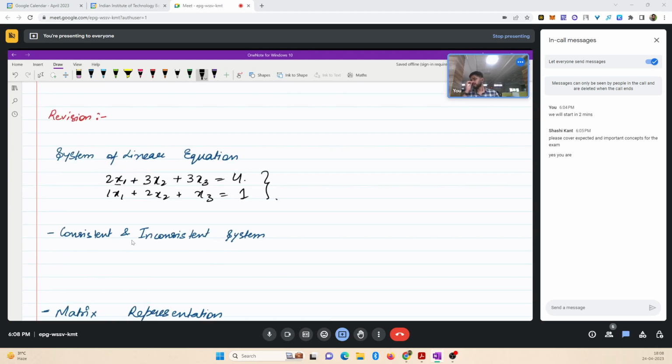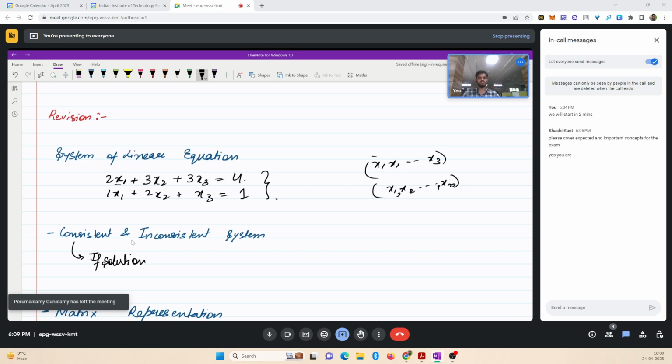The first question that revolves around a system of linear equations is whether that system is consistent or inconsistent. What do we mean by a consistent system of linear equations? If a solution exists, so if you are given a system of linear equations and you are able to find x1, x2, x3 in this case, or x1, x2, up to xn in the generalized case, satisfying the system of equations, then that system is called consistent.